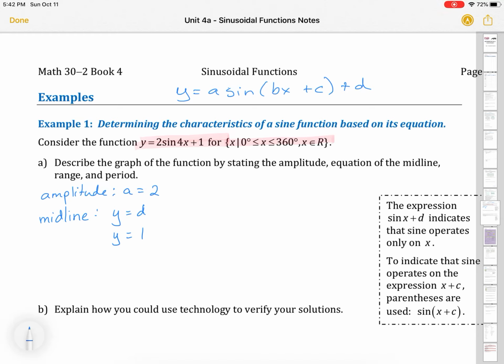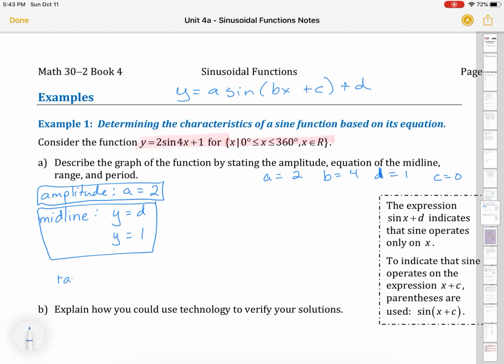And if it helps, we can write this out from this equation. A equals 2, B equals 4, D equals 1. C would be equal to 0. We could write that as well. All right, so we have our amplitude. We have our midline. What else did we need to know?